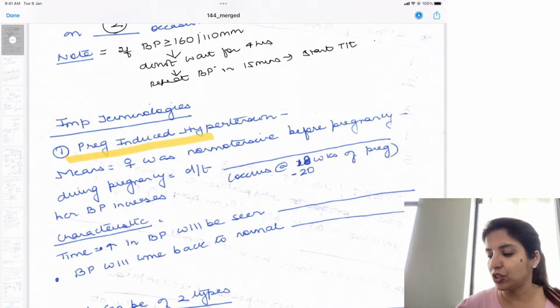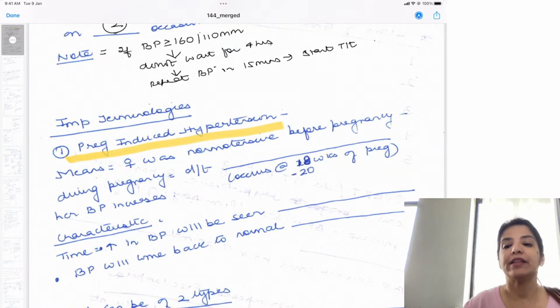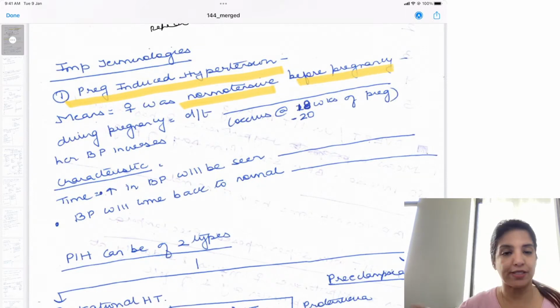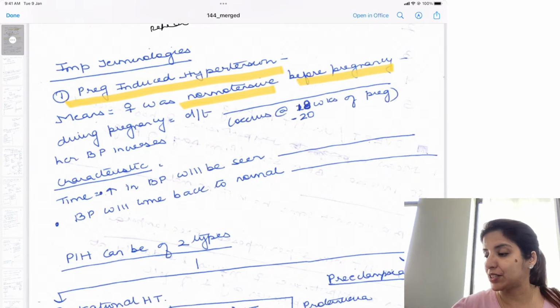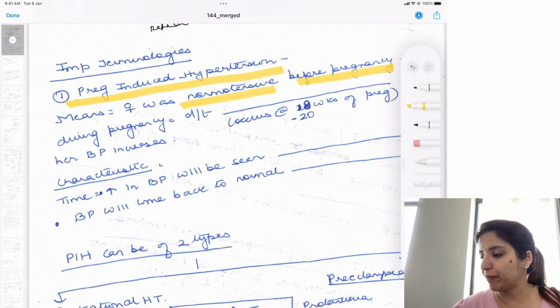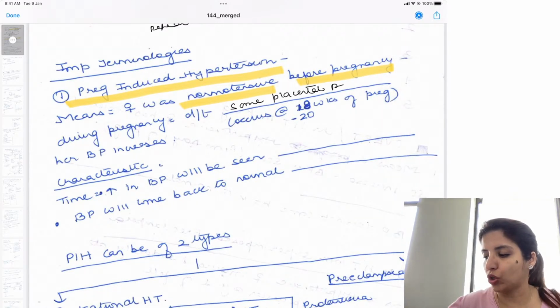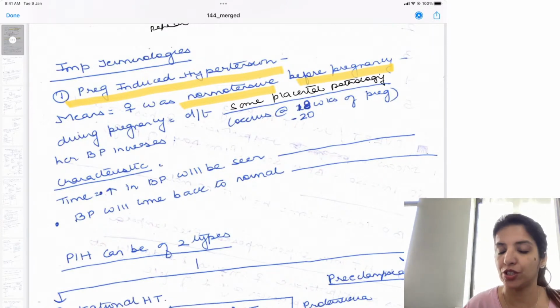Now, pregnancy-induced hypertension means that the female was normotensive before pregnancy. During pregnancy, due to some placental pathology. As a foreign medical graduate student, I don't want you to go into the details of what placental pathology.